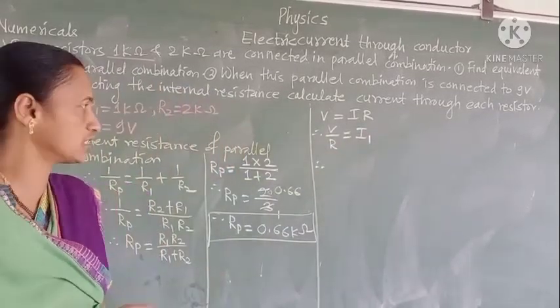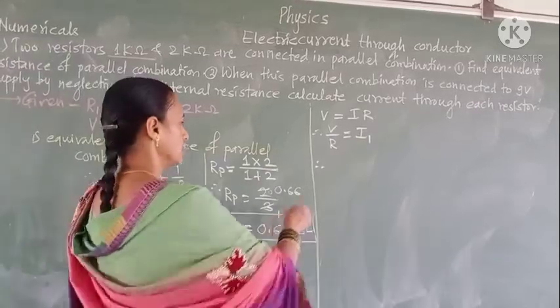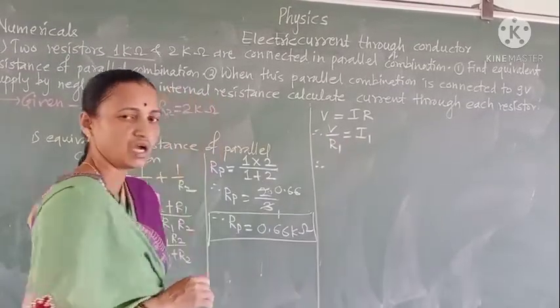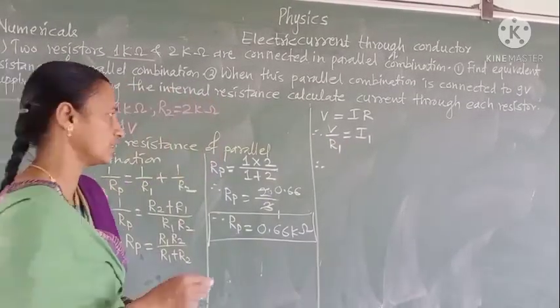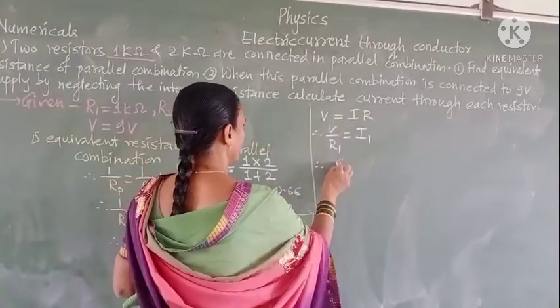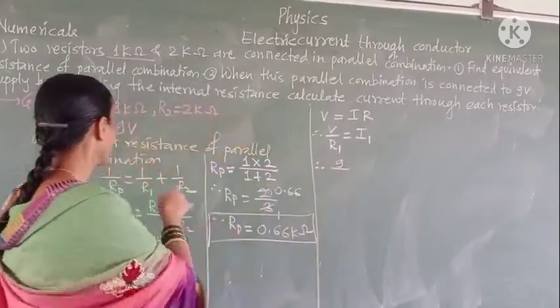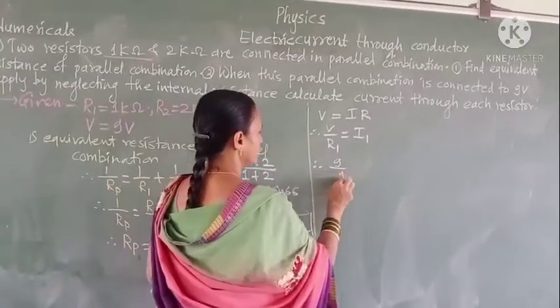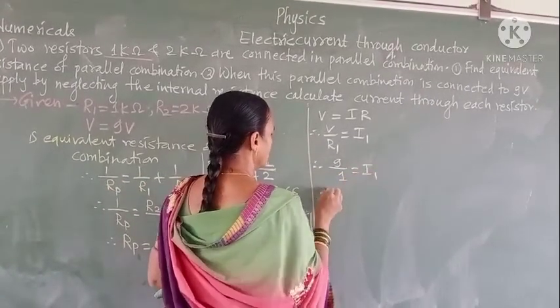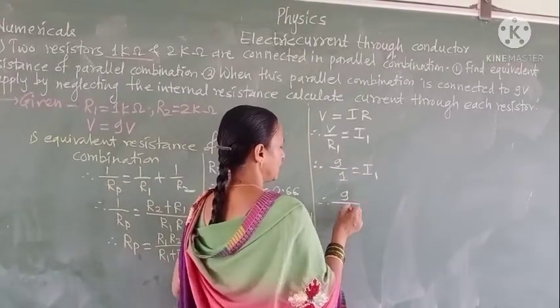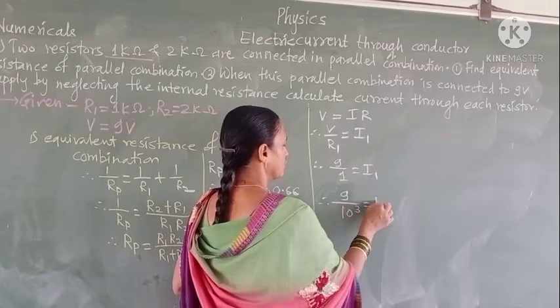For the first resistance we take I1, with resistance R1, and calculate the current. Here V has the value 9 volt and R1 has the value 1 kilo ohm, which is equal to I1. Means 9 upon 10 raised to 3 is equal to I1.